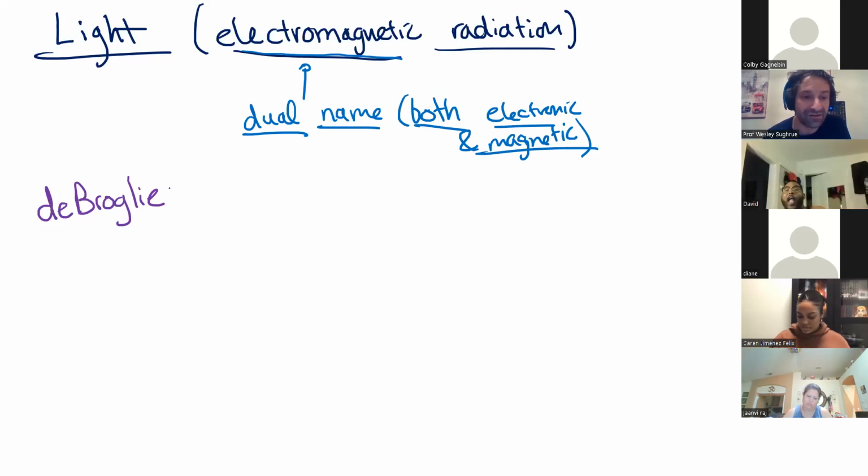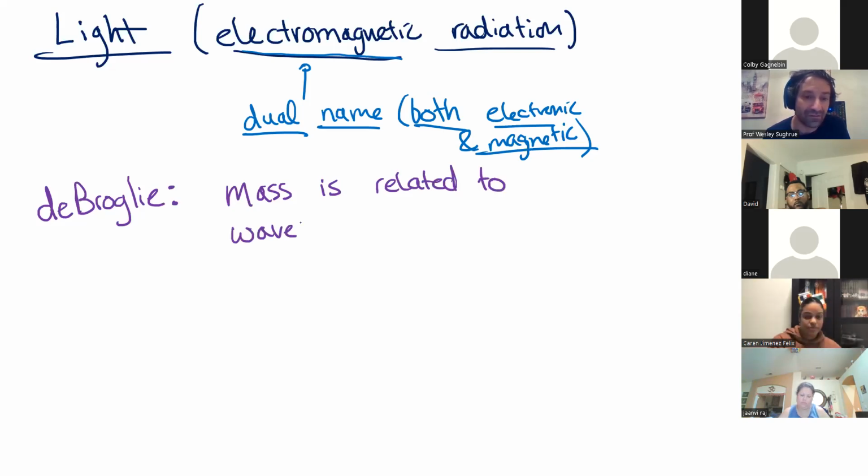But there was this gentleman by the name of de Broglie, not de Broglie, because he's French. The letters are not pronounced the way they might appear. It's de Broglie, okay? De Broglie came up with this very interesting equation, and the derivation is actually very simple, but his equation in general says that mass is related to wavelength.